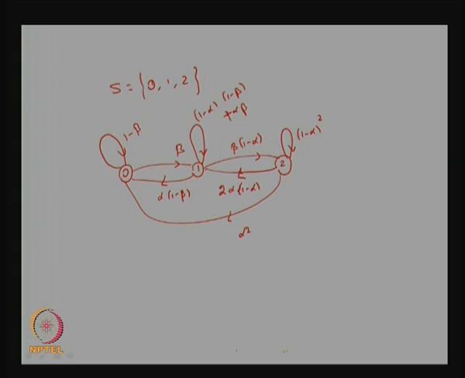It won't give more than that information, but this much information is useful when you study the properties of the discrete time Markov chain, as well as when you want to find the limiting distribution, that is the distribution of X n as n tends to infinity.